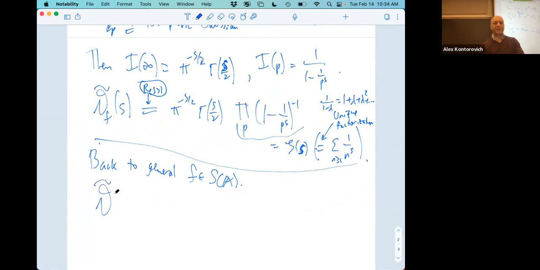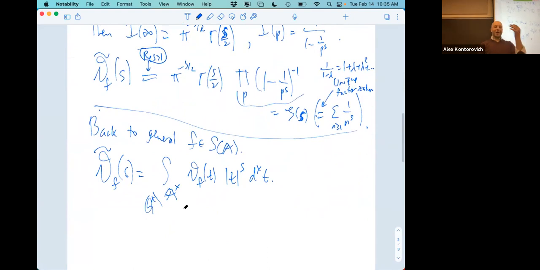Let's remember what this integral was. It was an integral over this quotient, A cross mod Q cross, of the theta function of t to the s d star t. Now, before we unfold, let me remind you how we did the unfolding. It was to recognize that we have a fundamental domain here. So recall this fixed fundamental domain. I guess I was calling it D star for lack of better notation.